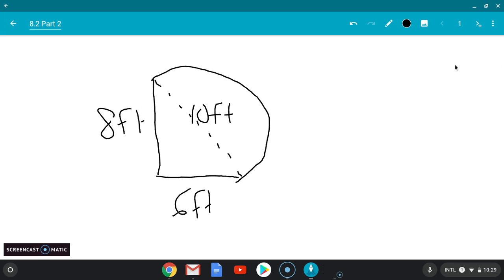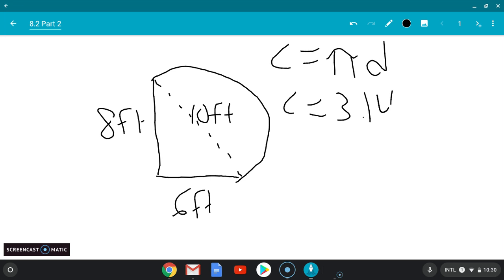And if you recall, to find the circumference of a semicircle, we find the circumference as if it was a full circle and then divide it by 2. So in this case, we're going to do C equals pi times the diameter. All right, so C equals 3.14 times 10. You guys could enter that into your calculator.